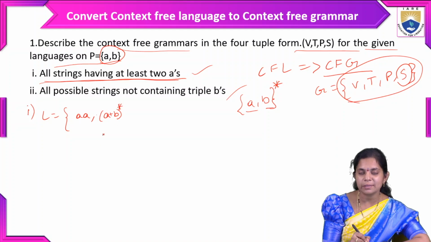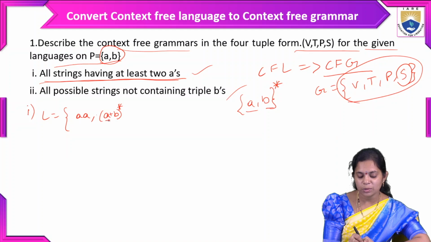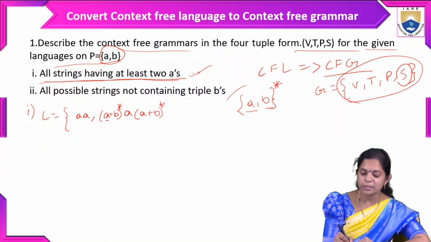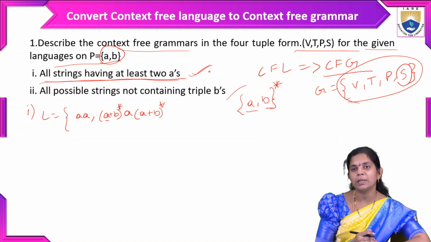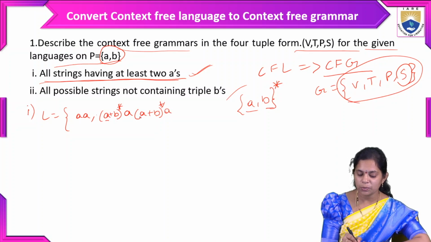A plus B whole star means the string can start with A or B, or have multiple A's or B's. And the A's are a must, and in between them A plus B is also allowed. So the language contains at least double A's. Two A's are a must, and more than 2 is also acceptable, since these combinations give us more A's.